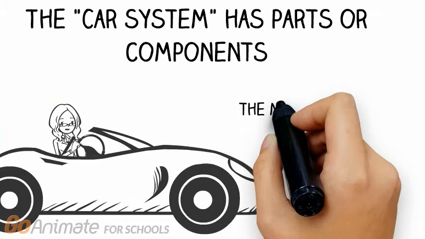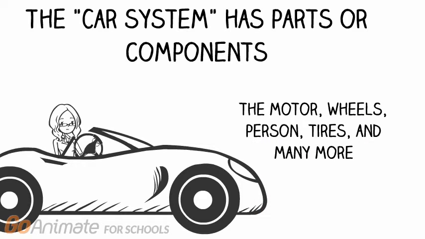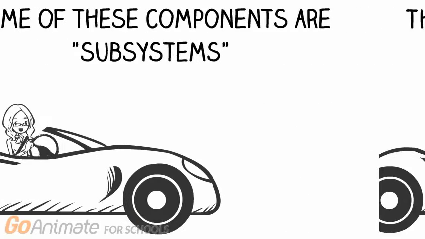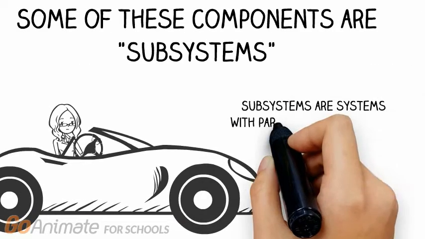This car system has parts: the motor, the wheels, the tires, and much more. Some of these components are subsystems.